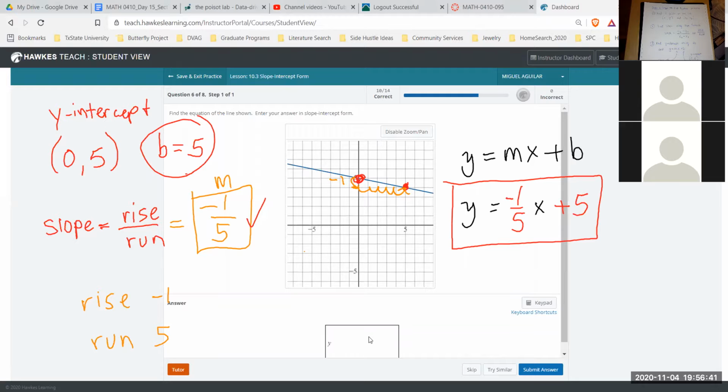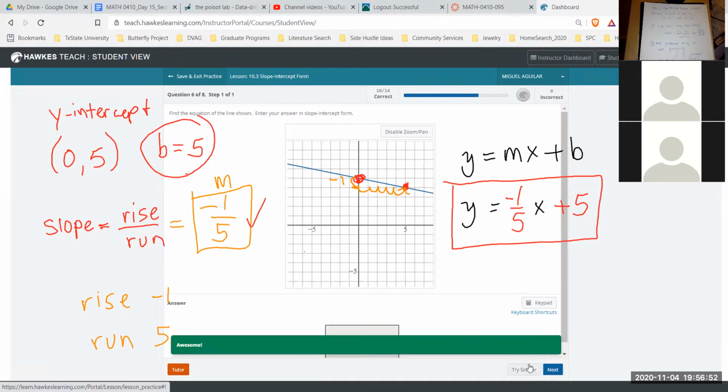So when you type that in, you should put y equals, and we're going to put a fraction, -1 over 5x plus 5, and we should be good.